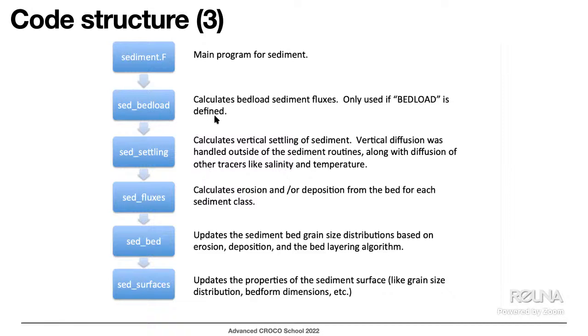We begin by computing the bed load, then settling of the sediment, so we accumulate sediment at the bottom. Then the erosion of the sediment and the budget between erosion and settling. Then we update the sediment layers, what I showed just before. And just before the end, we change the roughness of the bottom to be able to compute the shear stress again.